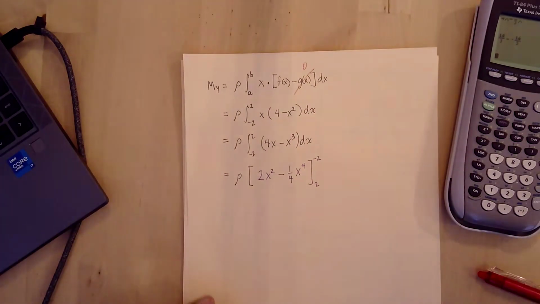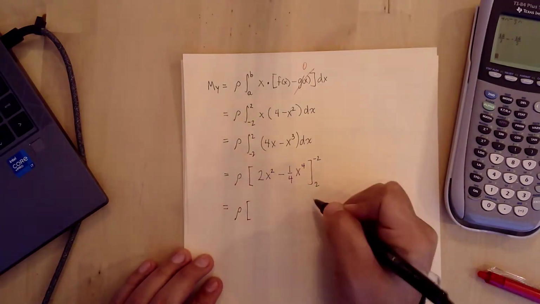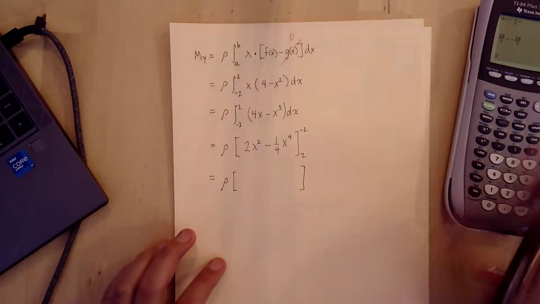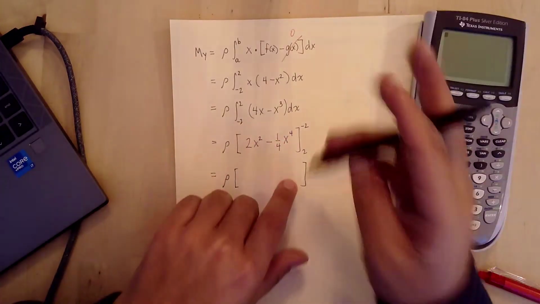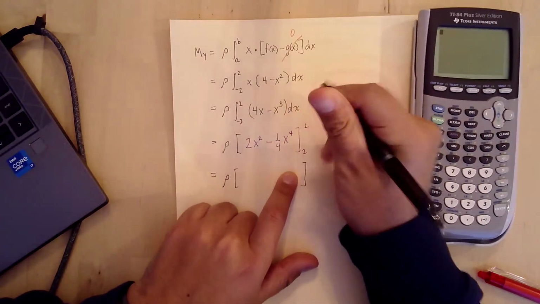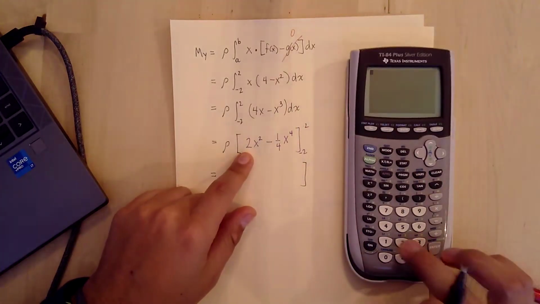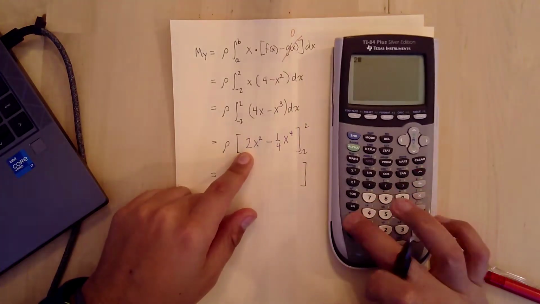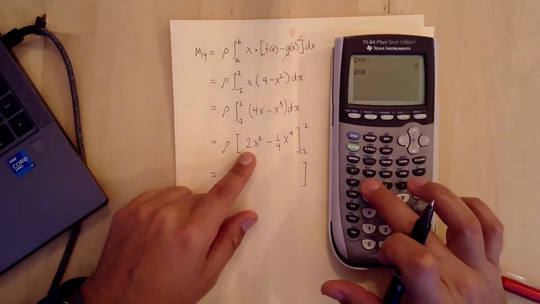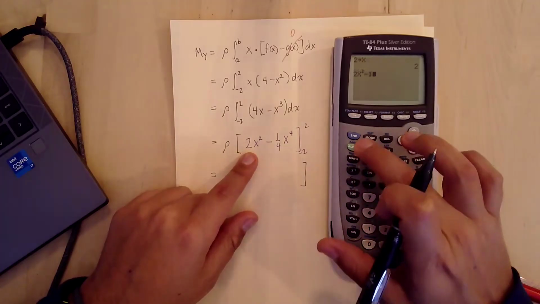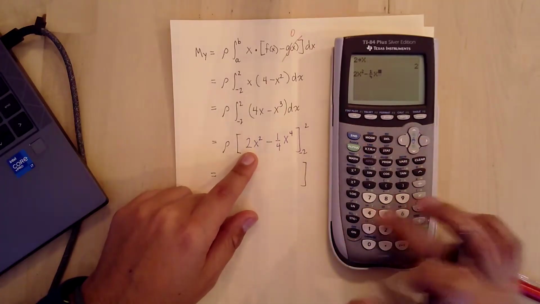And now that we have this new calculator trick at our disposal, we know that's going to be rho, and we'll just go ahead and throw these things in the calculator. We're going to store 2 as x, and I will just do 2x squared minus 1/4 x to the fourth.